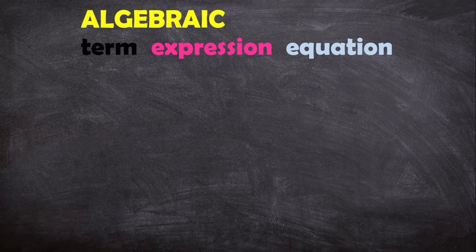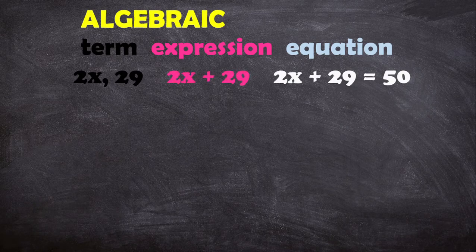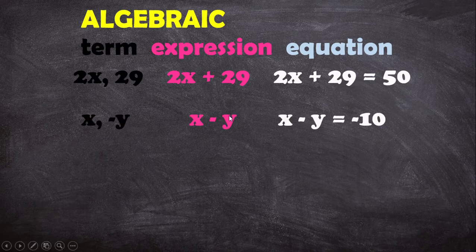Now let's have some examples for algebraic term, algebraic expression, and algebraic equation. For the algebraic expression 2x plus 29, the terms are 2x and positive 29. And for the equation, we have 2x plus 29 equals 50. Next example, x minus y is our expression, and the terms are x and negative y.